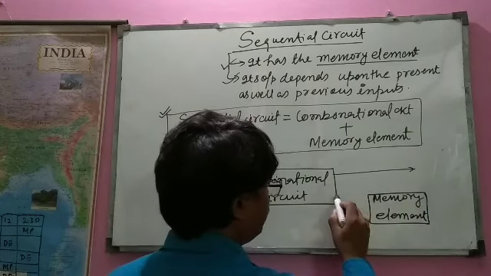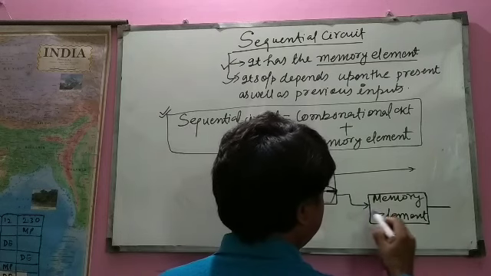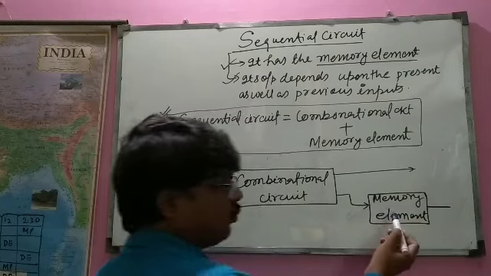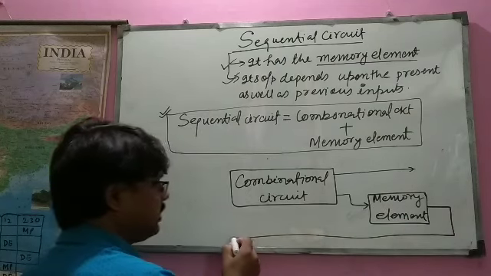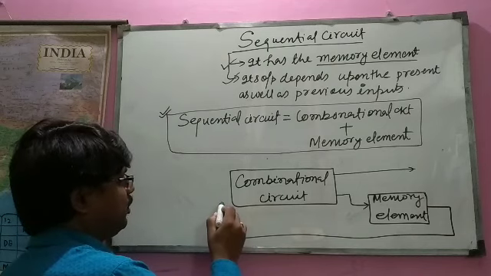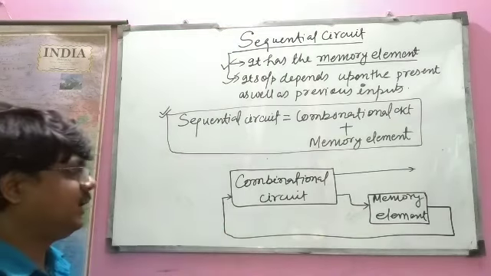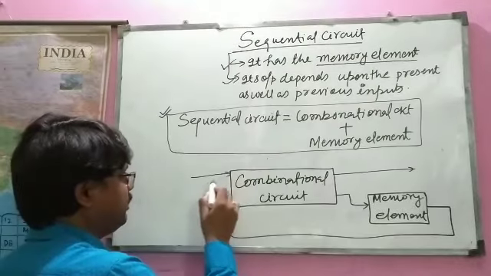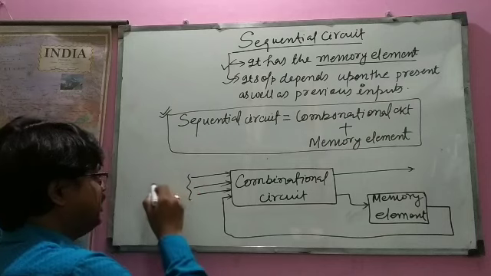The memory element has many outputs. Some of the outputs will go into the memory and be stored there, and after one clock or two clocks, they will come back to the combinational circuit, and these are the present inputs.